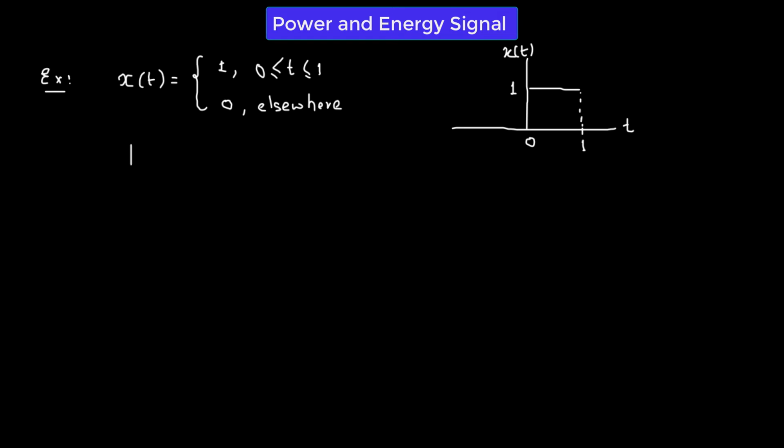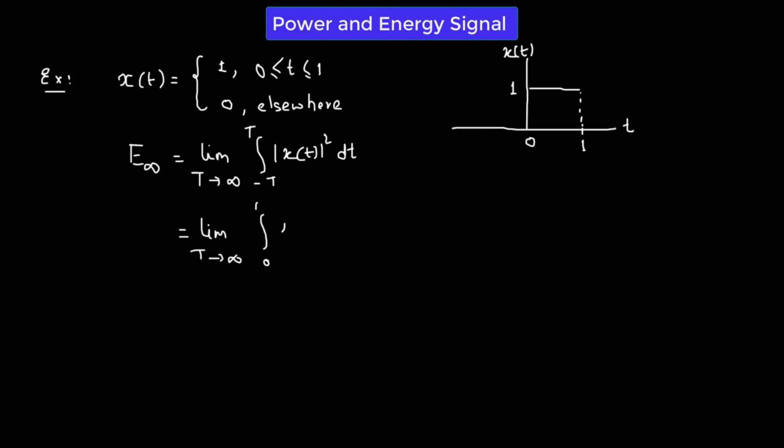So what will be the energy of this particular signal? Let's find out. We have limit T going to infinity, integral from negative T to positive T, of the absolute value of x(t) squared dt. The function exists only between the limits 0 and 1, with the value 1, so we do not have to consider the other values of the limit.